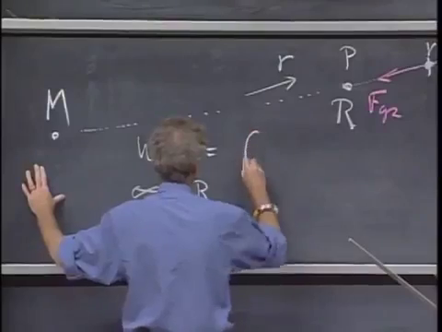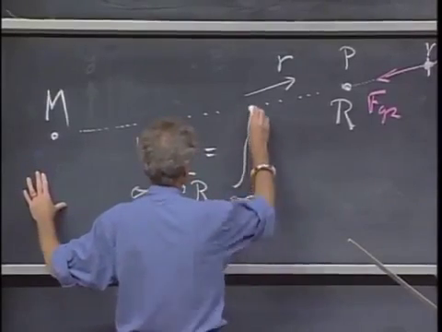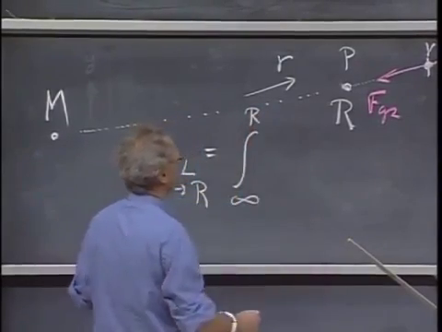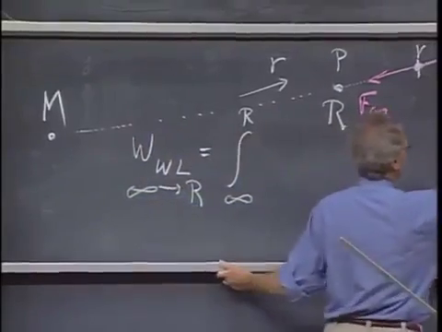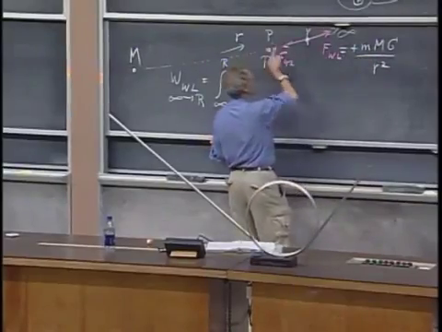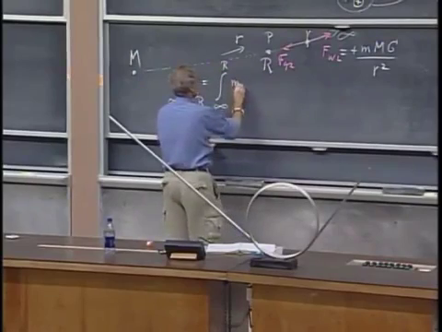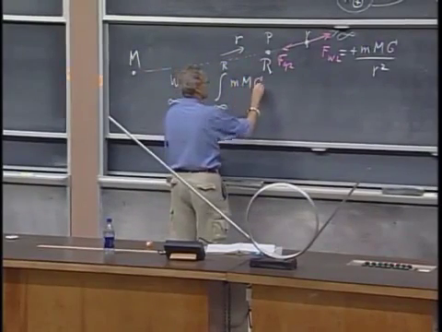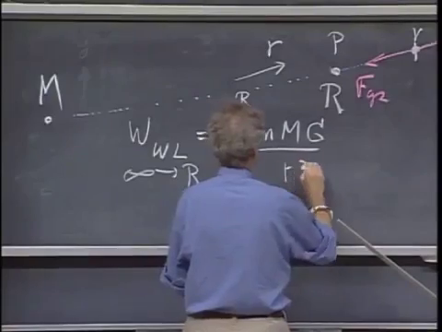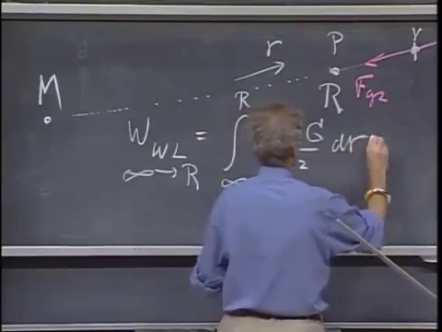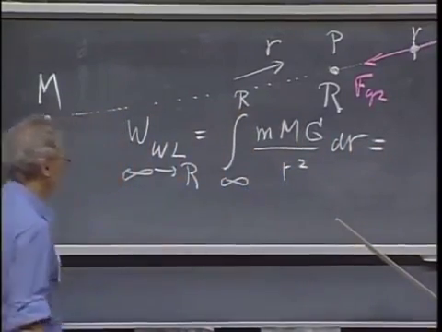So that is the integral, going from infinity to R, of my force, which is plus, because it's an increasing value of R, mg divided by R squared, dr. That's a very easy integral.